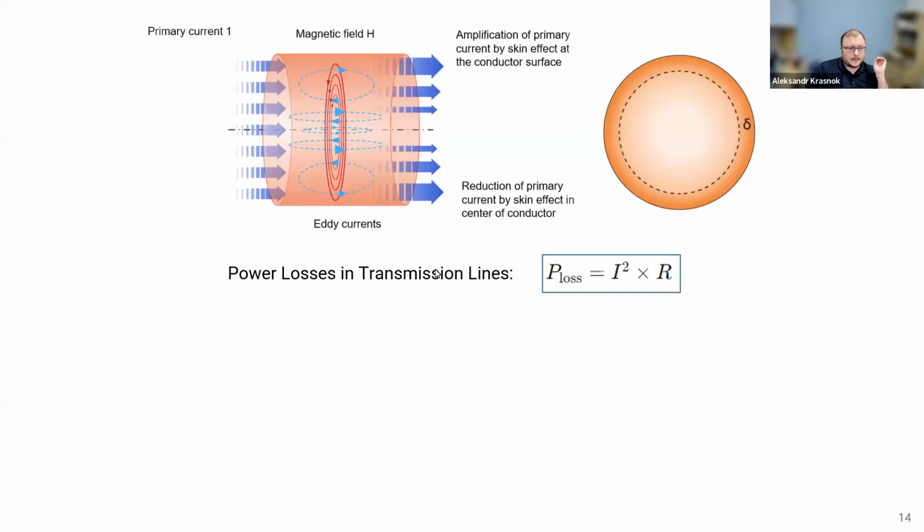At the same time, for any current with any finite resistance, we know the formula for the power losses in this wire, and you of course know that it's proportional to the current squared, which means that in any area where the current is amplified, it leads to quadratic enhancement of the losses.